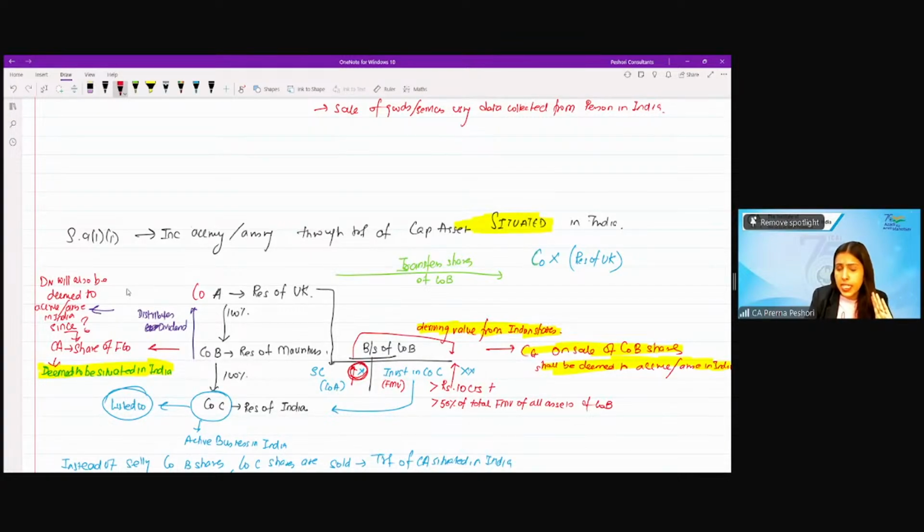Because indirect transfer is getting triggered, the situs of the share is being said to be in India. What did I say? The share of company B will be deemed to be situated in India. So the question is, if company B declares the dividend, whether the dividend will also be deemed to accrue or arise in India? Because section 9(1)(i) says what?